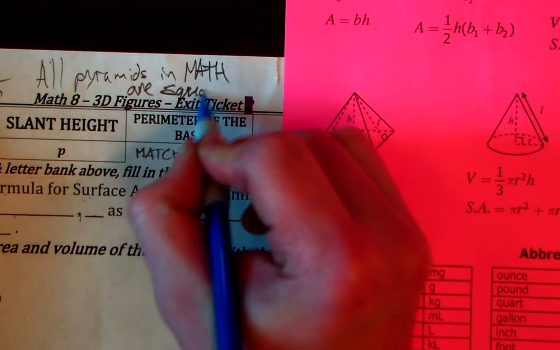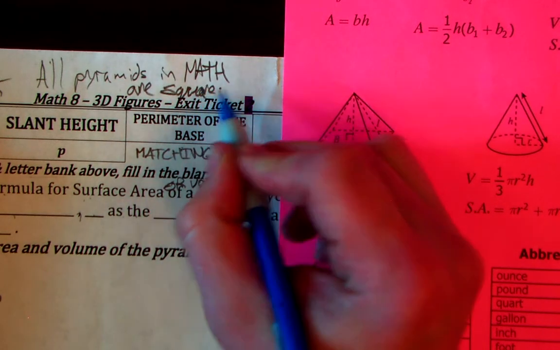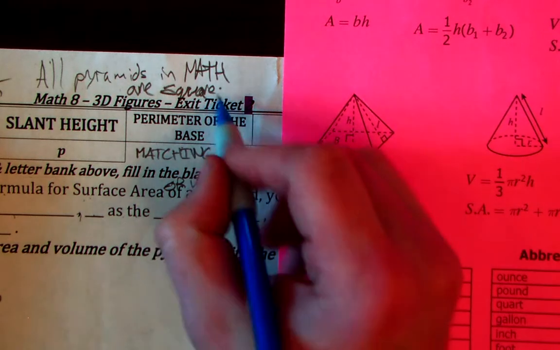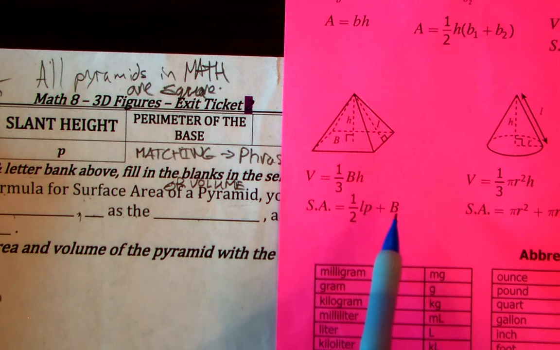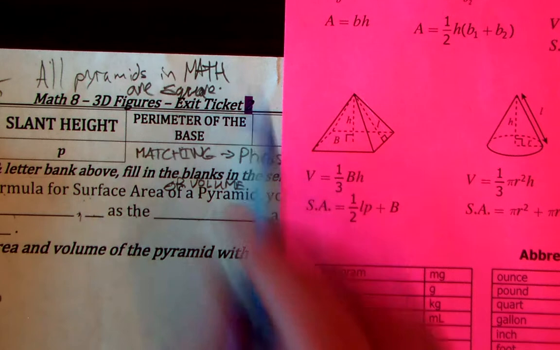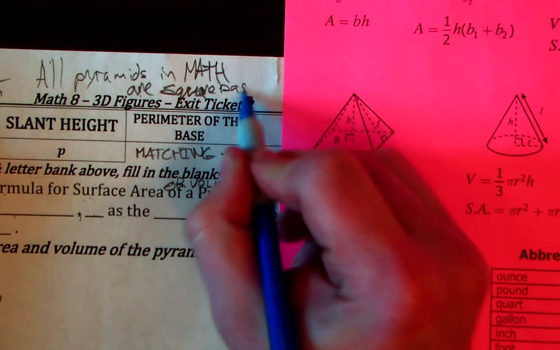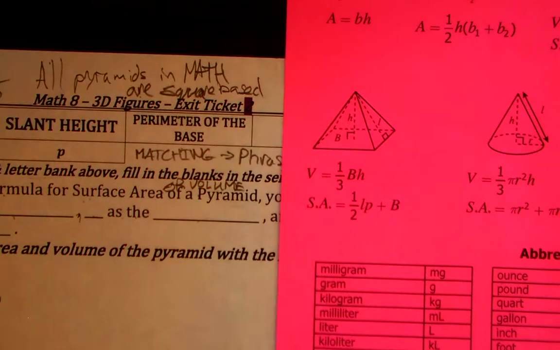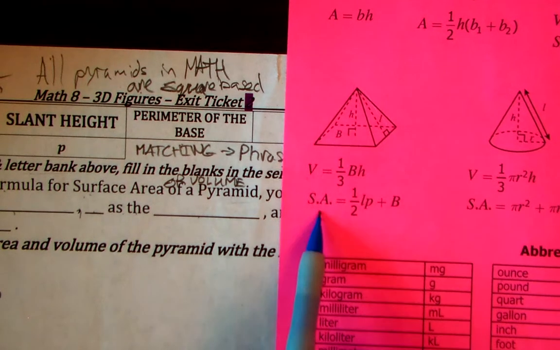And this makes it super simple, because I know what my base is each and every time, and so I am able to calculate the area of the base, which is that big B. I have the volume and surface area formulas there.